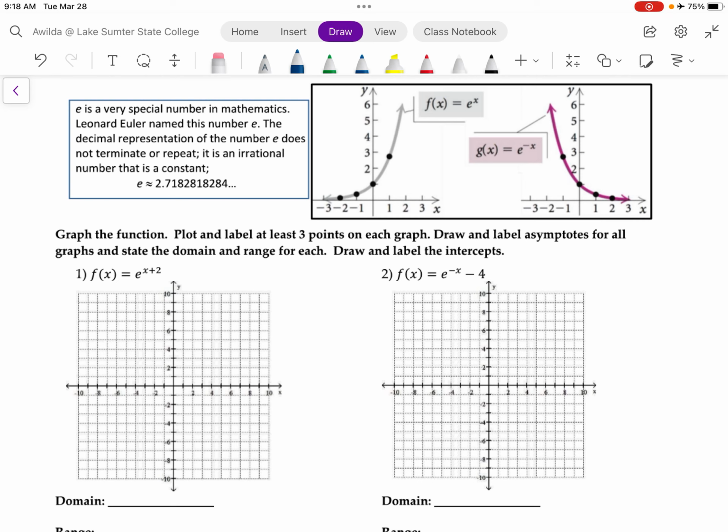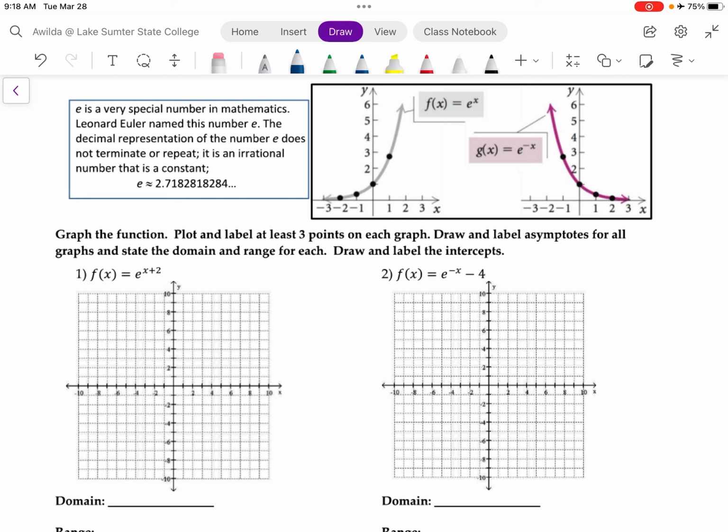And this number, again, also referred to as the natural number, is irrational, kind of like the number pi, where if we were to write it as a decimal, it would not end nor repeat.